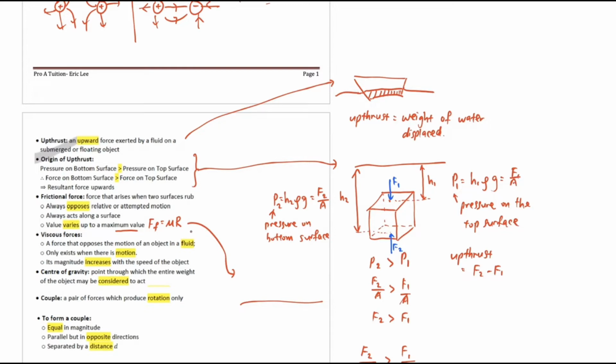The mu is the coefficient of friction. Is mu in AS or A2? It is not in AS and A2. It is in mechanics. Do you take mechanics? Maths.